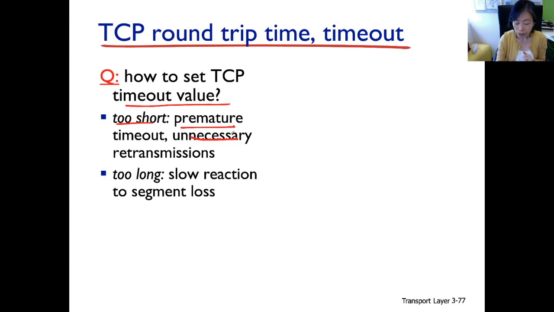If that timer is too long, the intuition also says it's going to take a long time for the sender to discover there's a packet loss and try to recover from it. So the user experience with sending data over this connection is not going to be good. Slow reaction to packet losses. Either case, not good. So how do we find a balance?